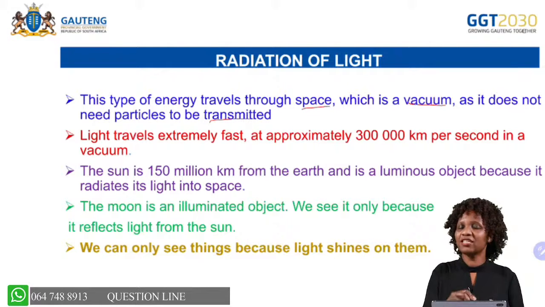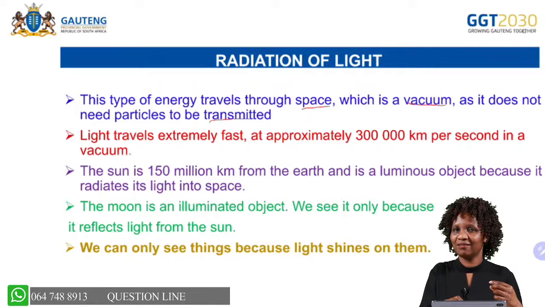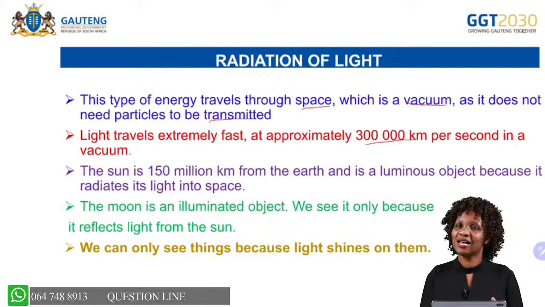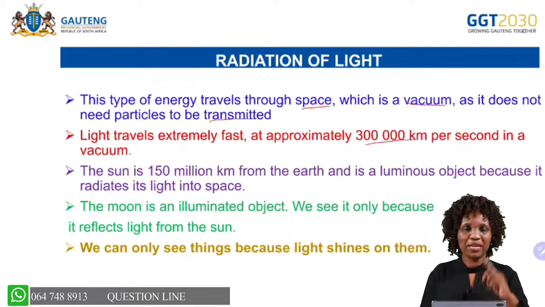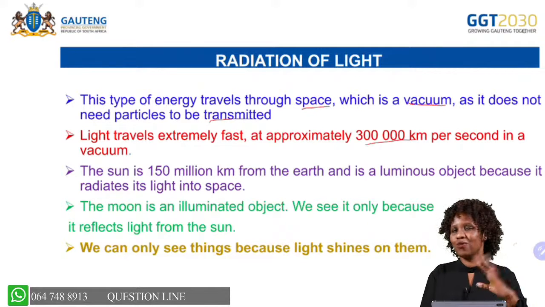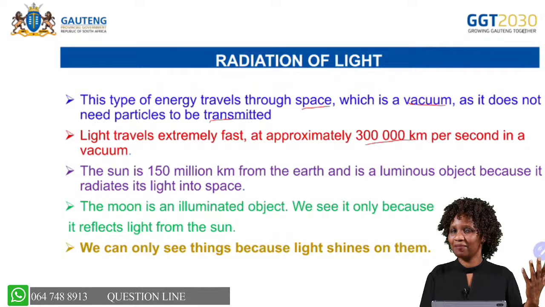And then light travels extremely fast, especially in a vacuum, at approximately 300,000 kilometers per second. You see how fast it travels? A second, you can just say a second has lapsed.